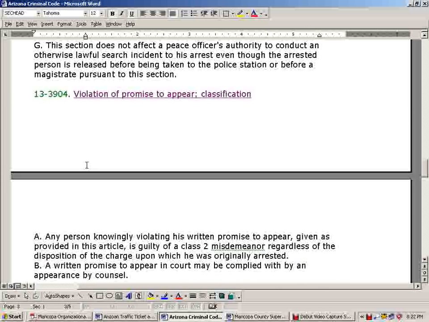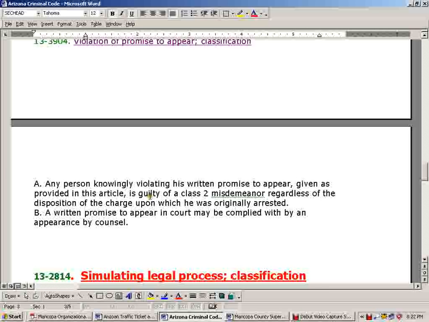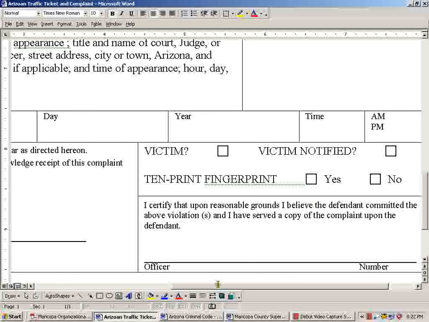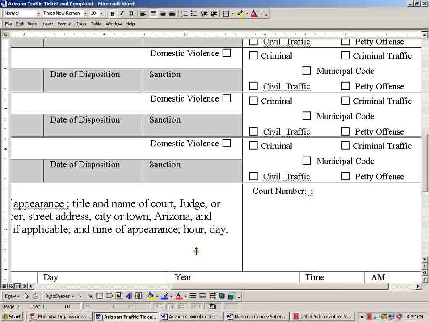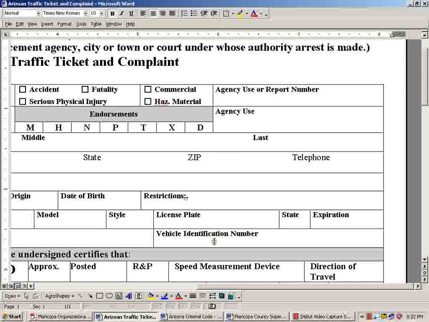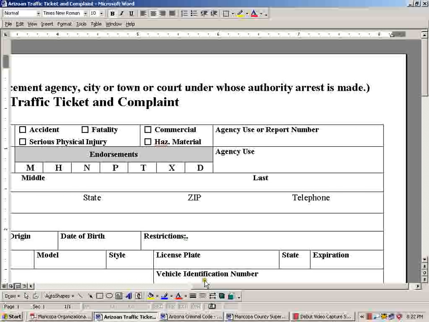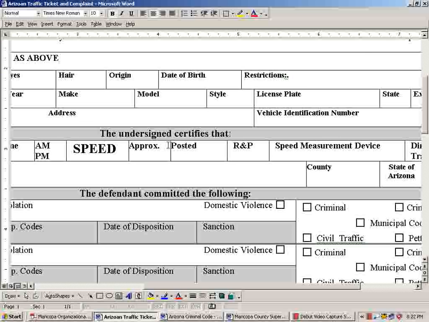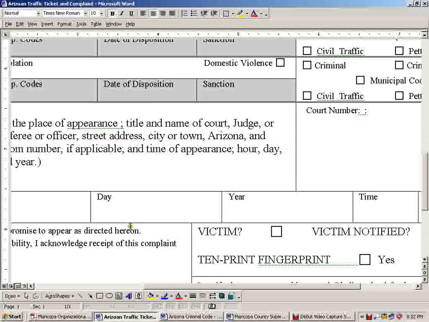So if you don't appear, now they're going to say you've committed a misdemeanor because you promised to appear, regardless that what got you here is a simulated legal process. You didn't appear. They're saying it doesn't matter that this Arizona traffic ticket and complaint was only used as a promise to appear.